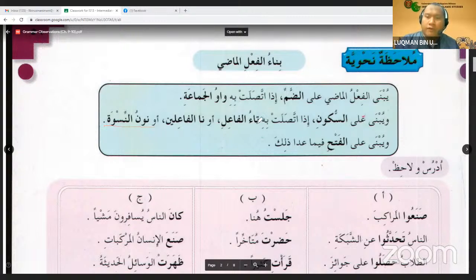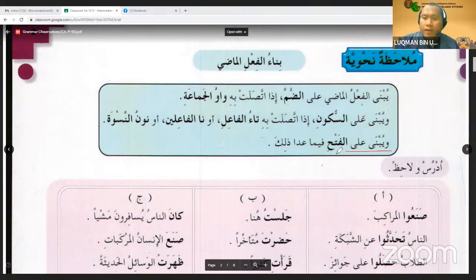Okay. So if the perfect tense of the verb is connected with ta'ul fa'il, the doer ta, and na'ul fa'ilin, the doers na, so plural doer there, wa nunun niswa, the feminine plural nun, it becomes fixed with sukun.